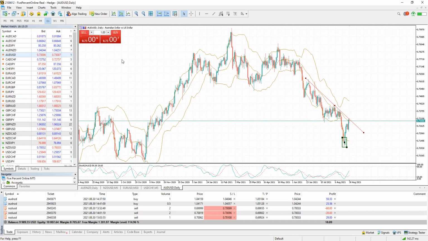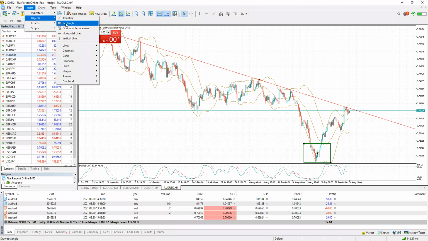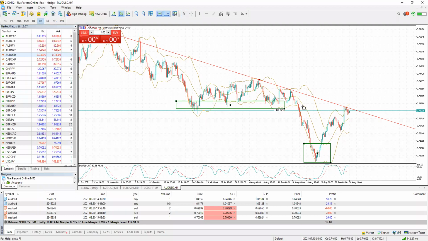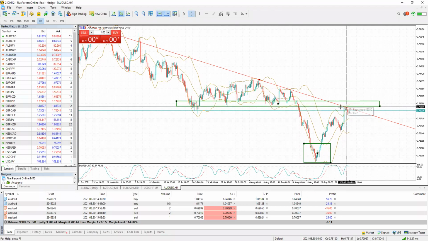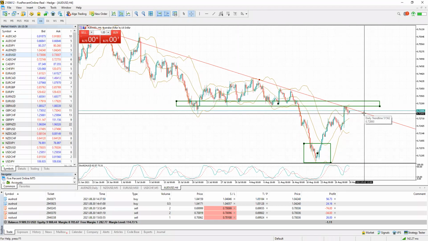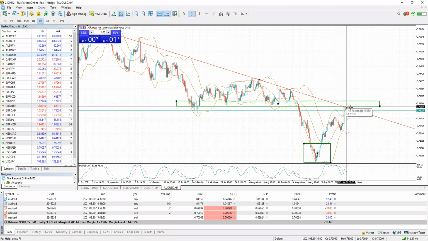So also on the H4, we had this support. Okay, multiple times we break it, and then actually we are doing a retest exactly on this trend line. Okay, so this can be a good zone to make a sell position.